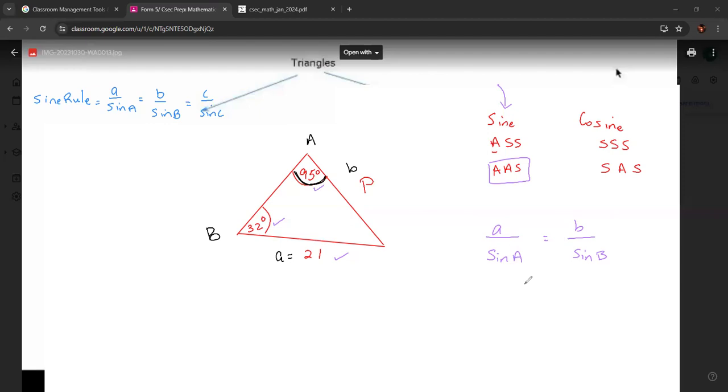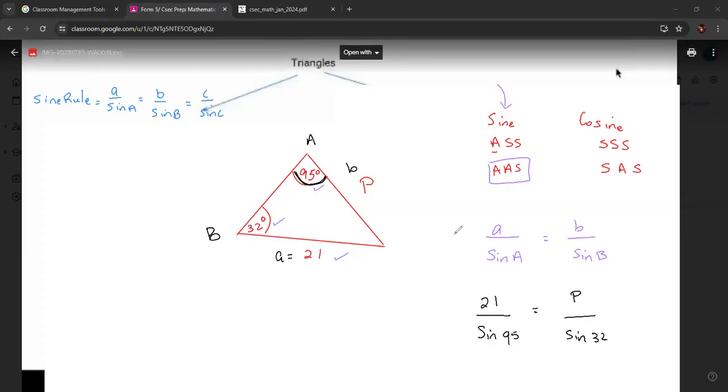Now we could substitute. Small a is 21. Sine A, remember A is 95 degrees, so that will be sine of 95. Small b is P over sine of B. Sine of B will be sine of 32 degrees. So you basically just sub it in.